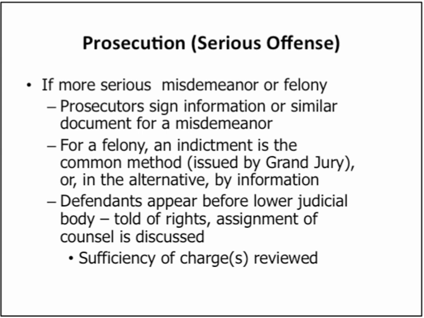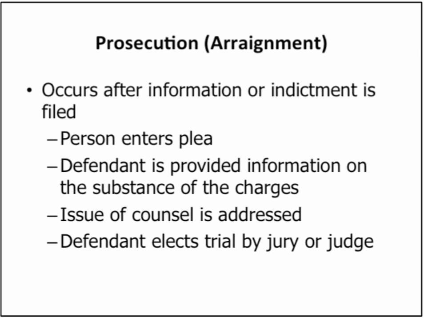Defendants, again, are given their rights, including appointment of counsel, which we talked about. A person would get a chance to enter a plea, get an attorney, and make an election between a judge or jury trial.